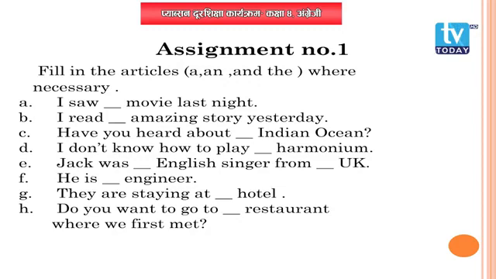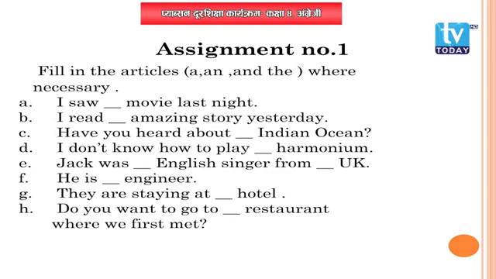Now, the next one is number D. You can hurriedly write down in your notebook as well: I don't know how to play harmonium. This was the last information along with the use of the article given. So, you can write there, I don't know how to play the harmonium.